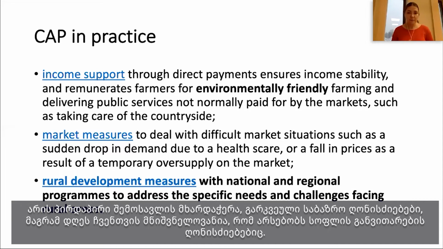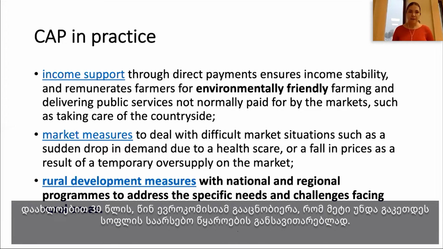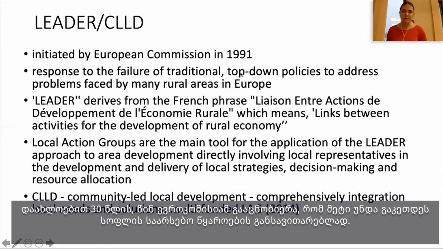So there is direct income support, some market measures, but what is important for us today is that there are rural development measures as well. And at a certain time, some 30 years ago, the European Commission realized that more needed to be done to contribute to those rural livelihoods.